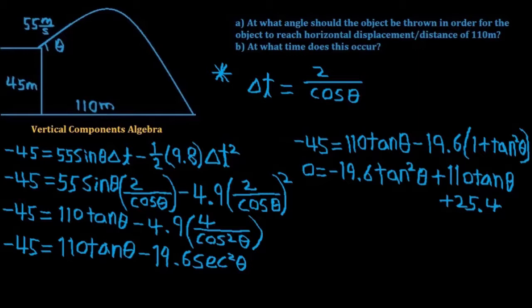Once we do that, we get this vertical component equation, and the final equation will be 0 equals negative 19.6 multiplied by tan squared theta plus 110 tan theta plus 25.4.